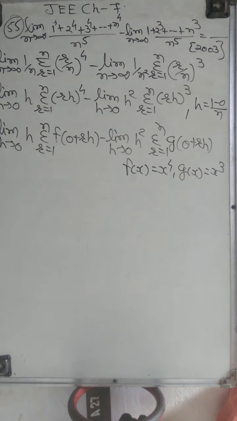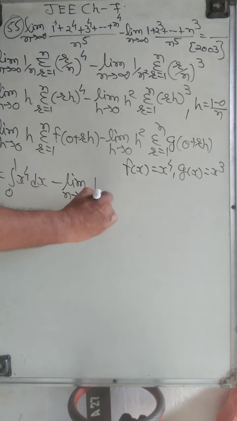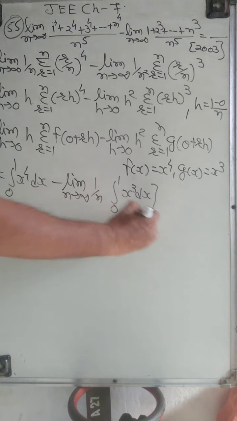Now we put the values and we get our answer: integration 0 to 1 of x raised to 4 dx, minus limit n tends to infinity of 1 upon n integration 0 to 1 of x cube dx.